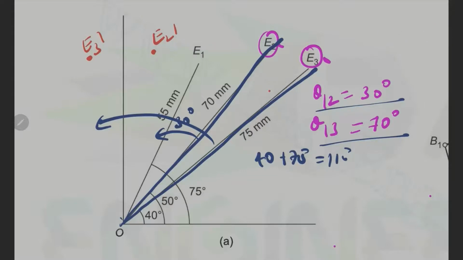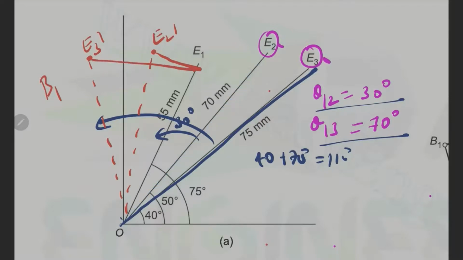So now we have successfully declared where the points corresponding to the transformation are. Now let's join this. We also know that the coupler link point B1 has to lie on the perpendicular bisectors of the lines joining E1 E2 dash and E1 E3 dash, right?